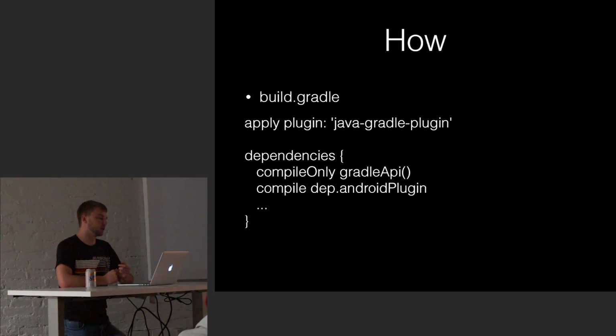There's a built-in plugin for a Java Gradle plugin, and you can bring in the Gradle API with that compile only down there, and then you also need access to the Android plugin, because that's how we're going to tie in to generate Java classes that the Android Gradle plugin knows about.